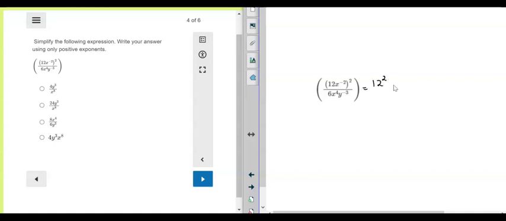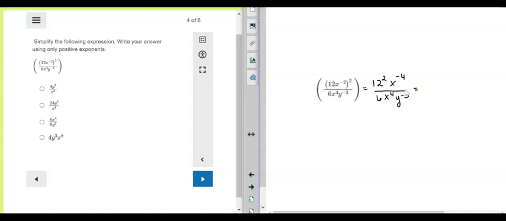So 12 squared times x to the negative 2 times 2, negative 4. You multiply the exponents here. And then I don't have to do anything since the parentheses really just stops for this. I don't have to distribute that, so I'm just going to copy this over. So it's 6, x to the 4, and then y to the negative 3rd.